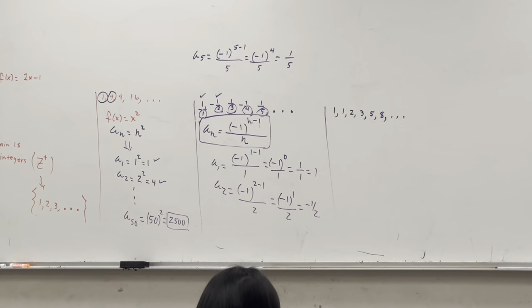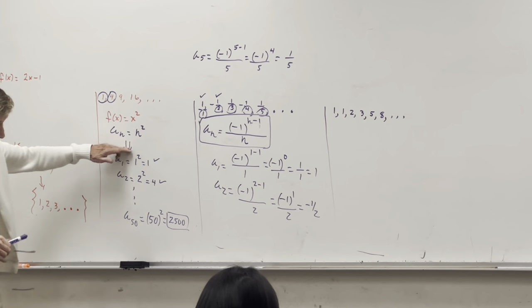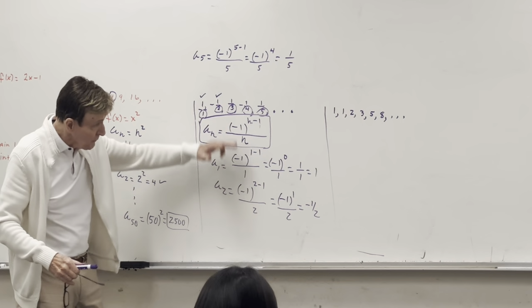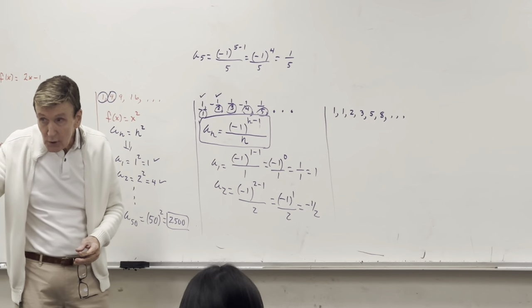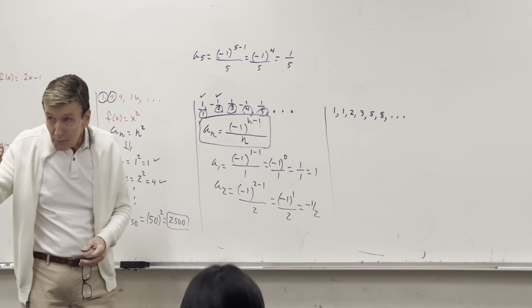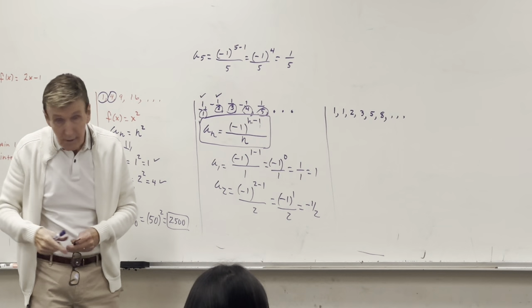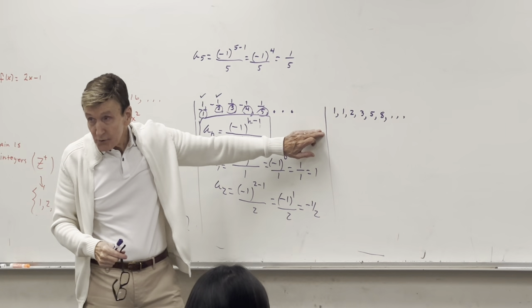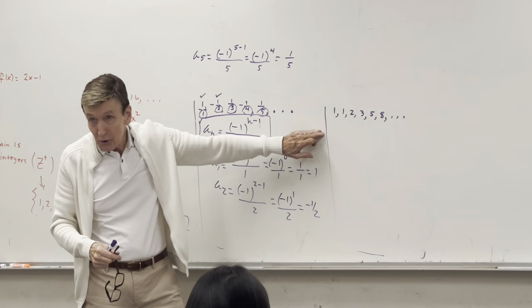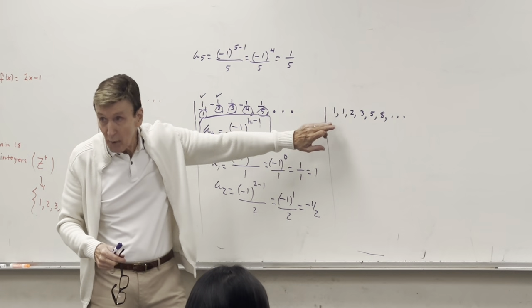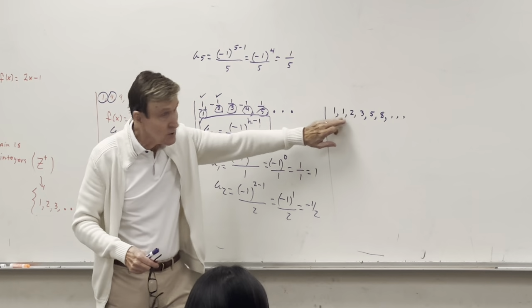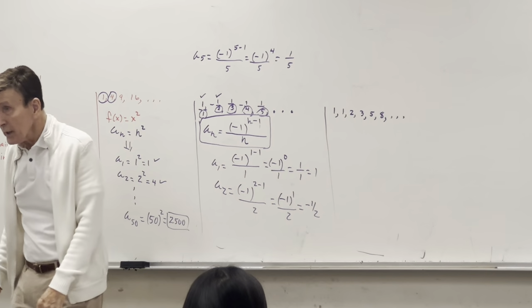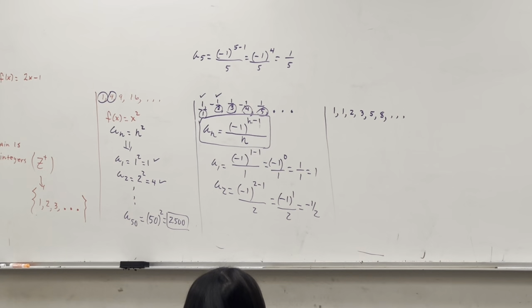I'm trying to name a sequence. First one, n squared, we got it. PK gave me this beautiful formula, it worked. When you give me a formula, I start testing. When I replace n by 1, I had better get 1. The strange thing is, when I replace n by 2, I better get 1 again. N by 3, I get 2. N by 4, I get 3. Any ideas?